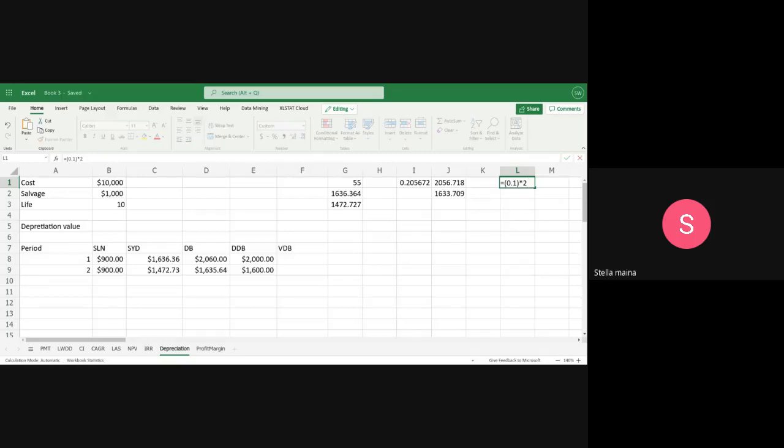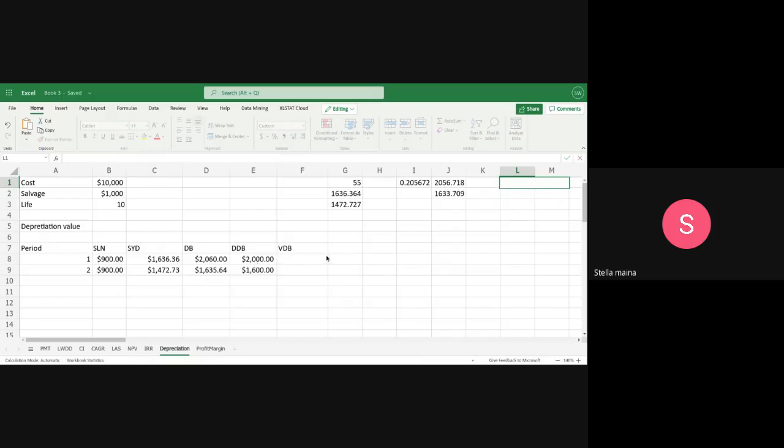And now that's 0.2. You're now going to multiply it by 10,000. So when you multiply 0.2 by 10,000, you will get the 2,000 that you have here.